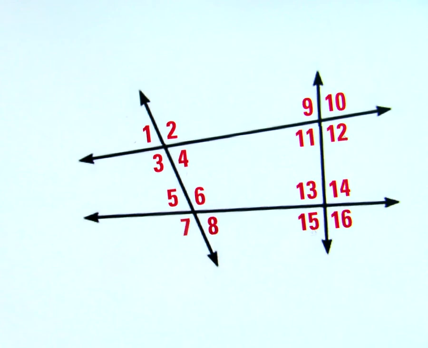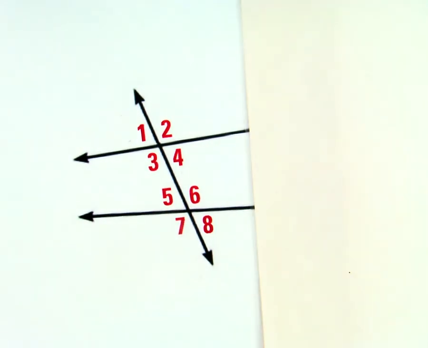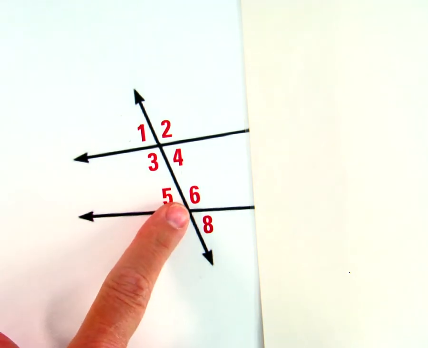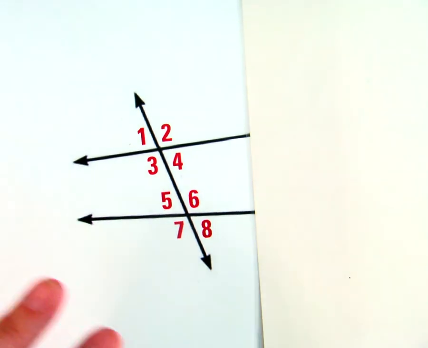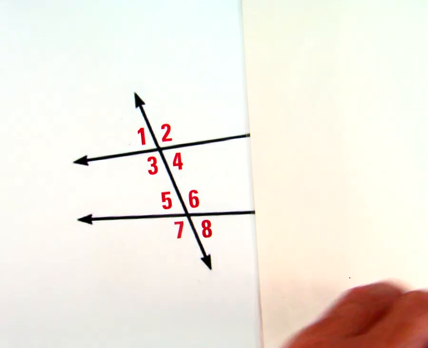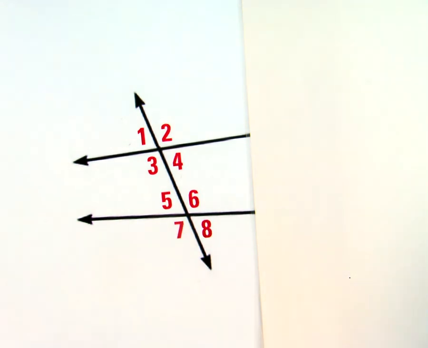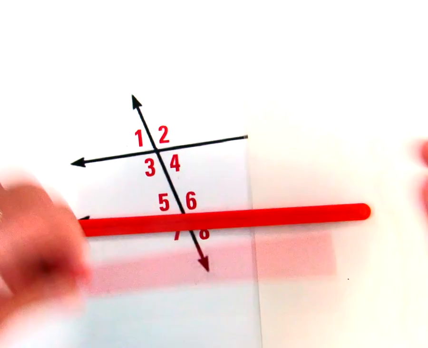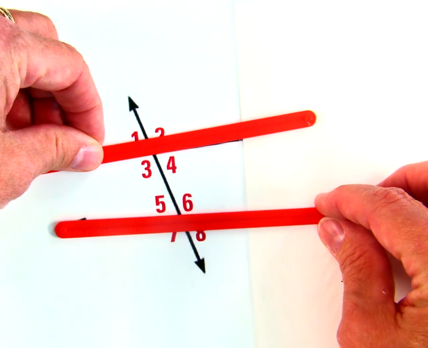Well, let's see. If I do this, I see now that angle 6 is interior to the two maybe parallel lines. So, here's my two maybe parallel lines, and 6 is interior.